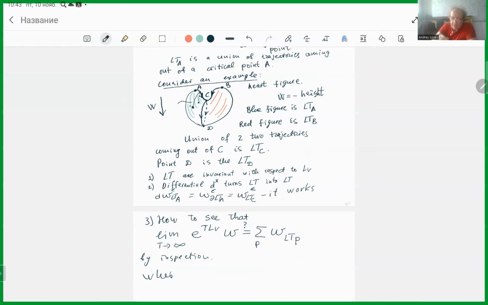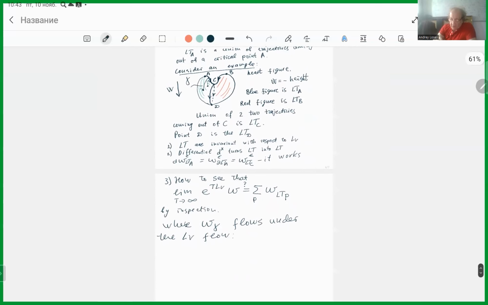So let me call it gamma. Where omega gamma flows under the LV flow.